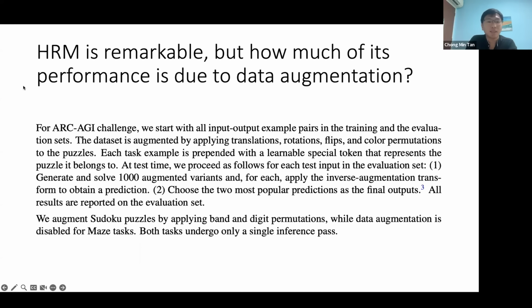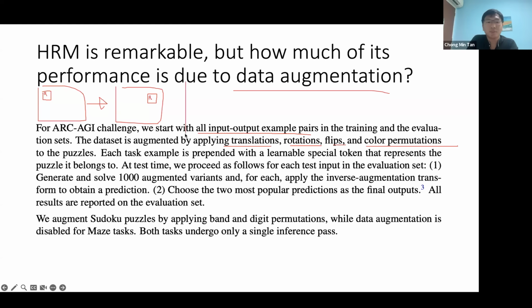Just to put a caveat here, there's a lot of data augmentation done. They take the input-output example pairs and augment them by translations, rotations, flips, and color permutations. So if there's a red square in the input grid, the output might mirror it on the other side. This is your training example.